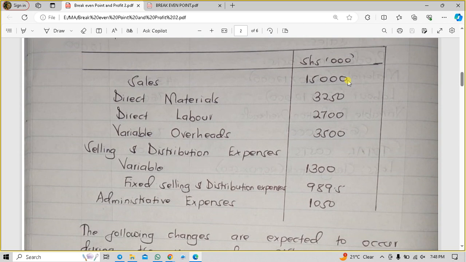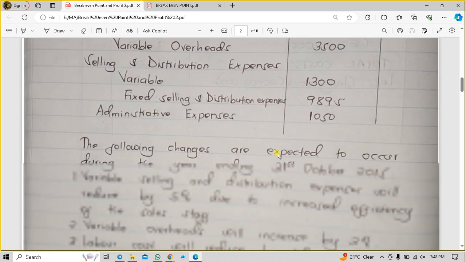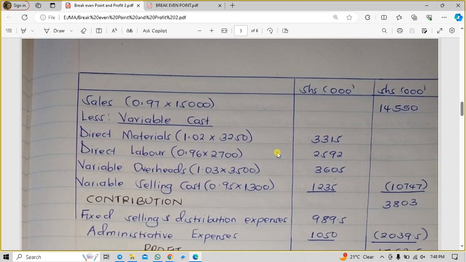So it means that 100% sales is 15,000, but now our sales is going to reduce by 3%. So it means that our new sales will now be 97%. So 97% of 15,000. 97% is the same as 0.97.